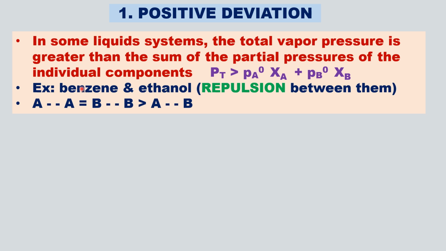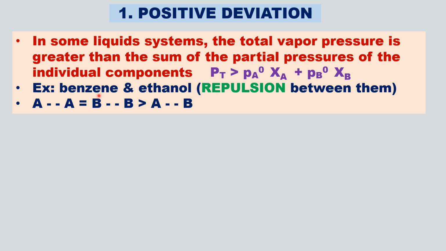For example, benzene and ethanol. Benzene is an aromatic ring molecule. It is an organic, non-polar molecule. Ethanol has an OH group. It is a fairly polar molecule. Therefore, there will be repulsion between benzene and ethanol. There will be attraction between ethanol and ethanol because of hydrogen bonding.